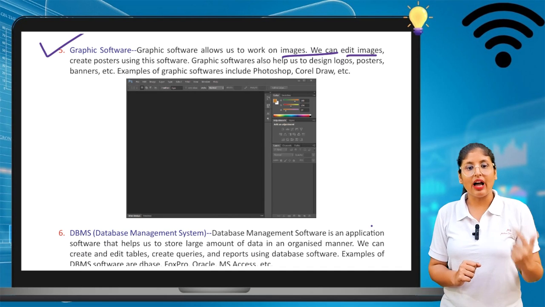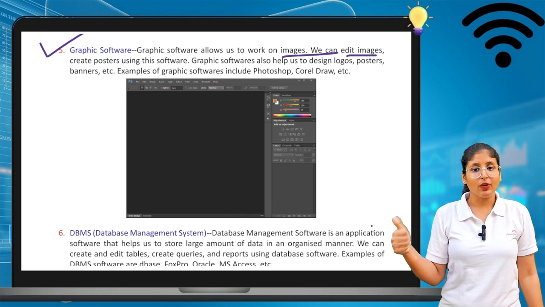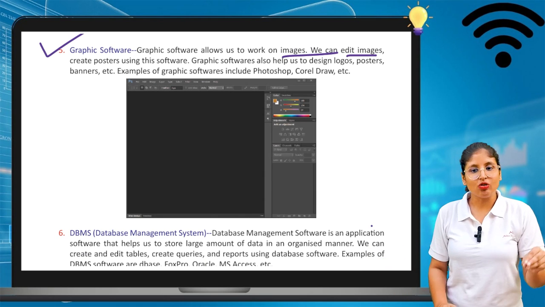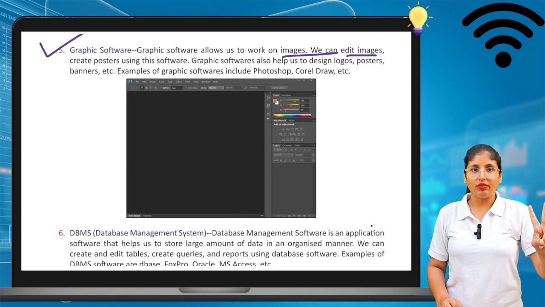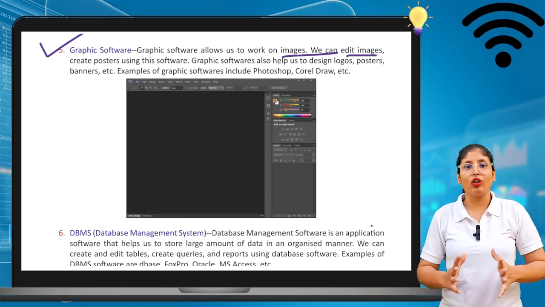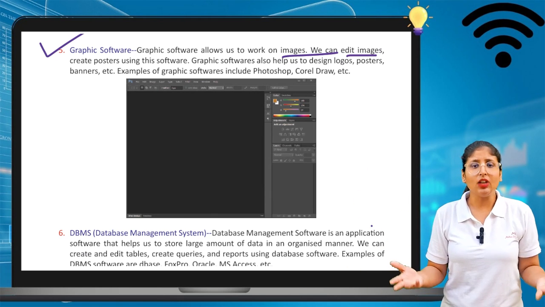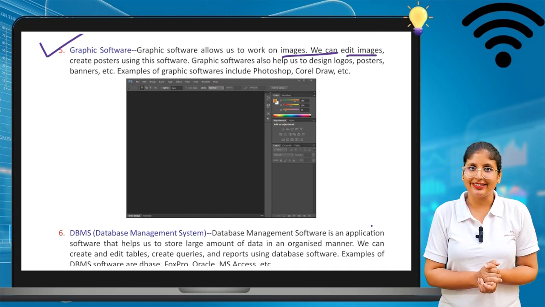Examples of graphic software are Photoshop and CorelDraw. Basically, graphic software is used to edit images and create posters. If you want to make a big poster of your brand or company, we can use this graphic software.